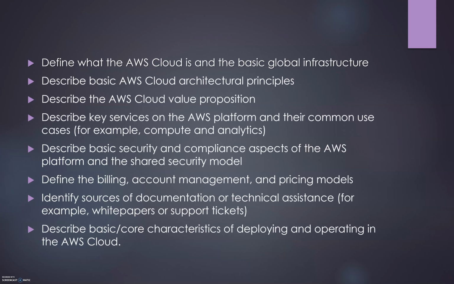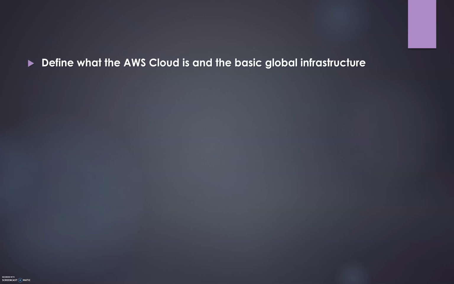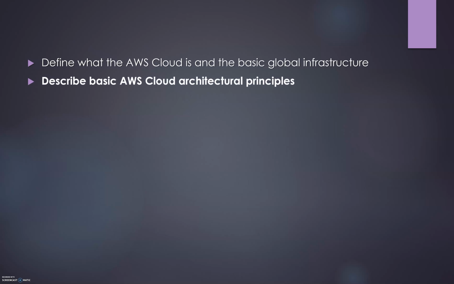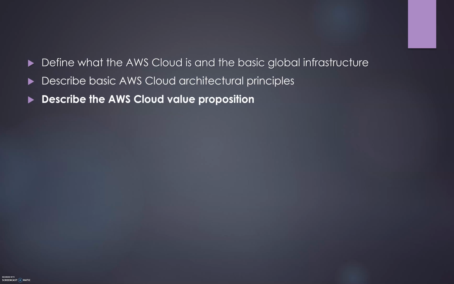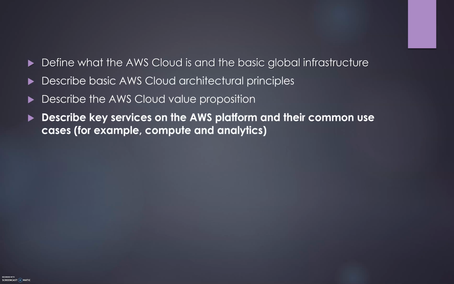The basic overview of what you should be able to understand once you've passed this exam is to be able to define the AWS cloud and the basic global infrastructure, describe basic AWS cloud architectural principles, describe the AWS cloud value proposition, and describe key services on the AWS platform and their common use cases, for example, computing and analytics.